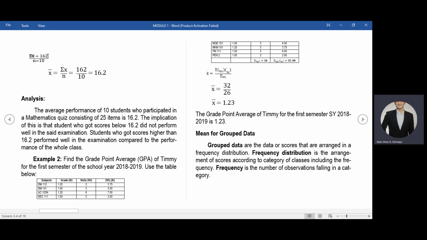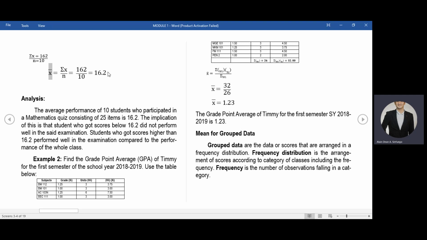You need to divide it by n, which is 10, because there are 10 students who took the Mathematics 1 quiz. To simplify everything, your x bar, which is the mean of the ungrouped data, is 162 all over 10, which is equal to 16.2.